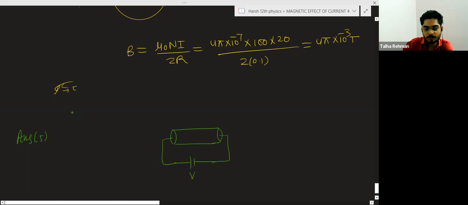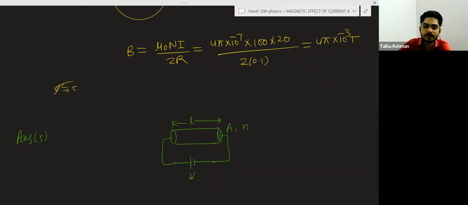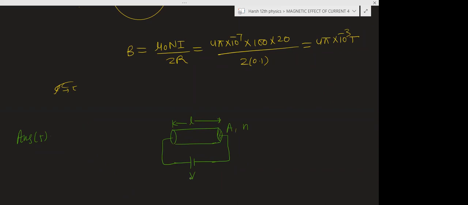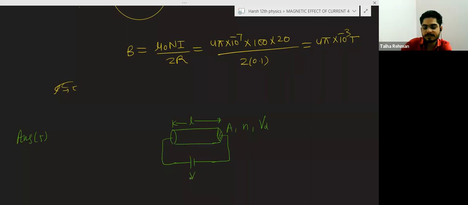Suppose the potential difference across this is V. Terminal potential difference across the battery is V, and suppose L is the length of the conductor, A is the area of the cylindrical conductor, N is the number of electrons per unit volume, and V suffix D is the drift velocity of the electron motion.